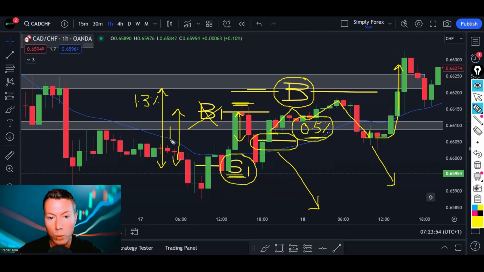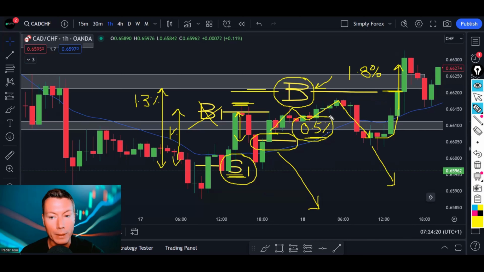If this was 1%, this is now 1.3% back up to here. Once this buy order gets triggered, I am at a 1.8% loss on this trade, which is absolutely fine in terms of my risk management.